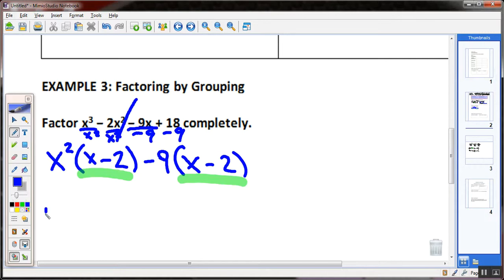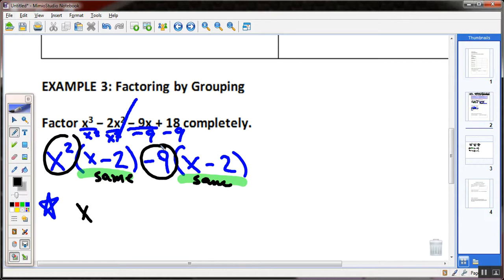The really important part is how do I rewrite this? When you factor by grouping, it's important to understand that we want to factor this, but these two parts in parentheses better be the what, kids? You want them to be the same. And it turns out that this worked out perfectly for us. Okay, so here's the deal. This becomes x squared, this term, and this term, minus 9.